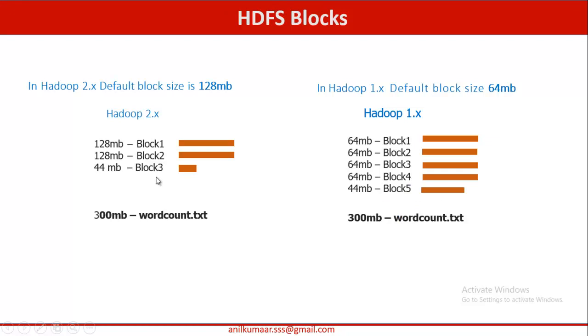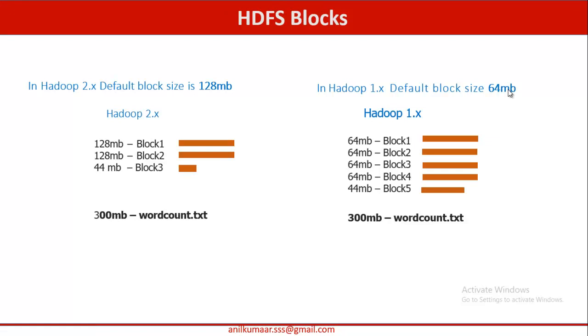Hadoop is not simply creating a 128 MB block for a 1 KB file. It's not wasting any memory here. Please understand that. The block is created based on the requirement. The 128 MB or 64 MB is just the default. It doesn't mean that for a 1 KB file or a 10 MB file it creates a full 128 MB or 64 MB block.